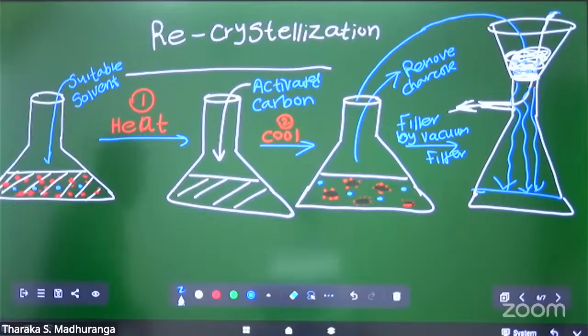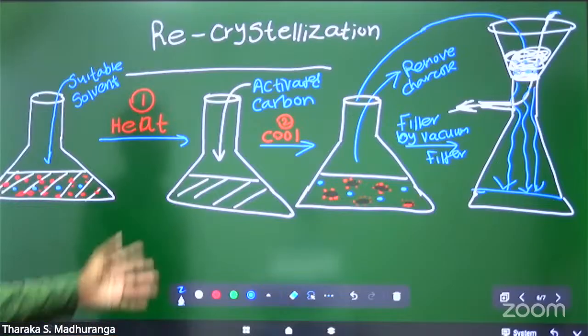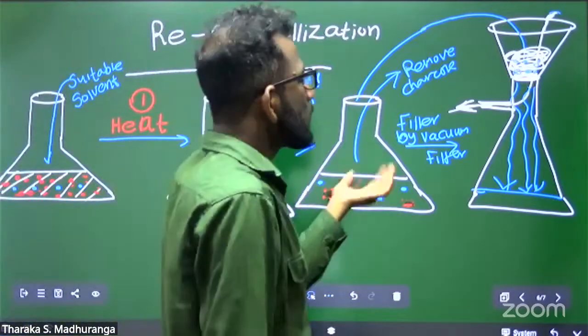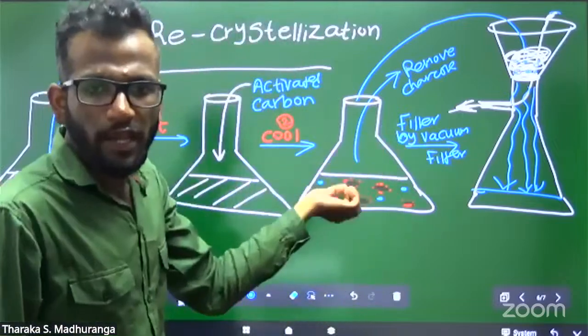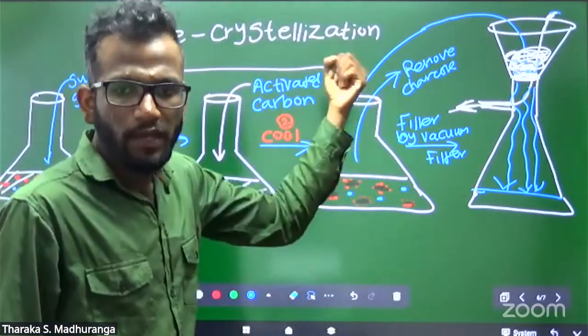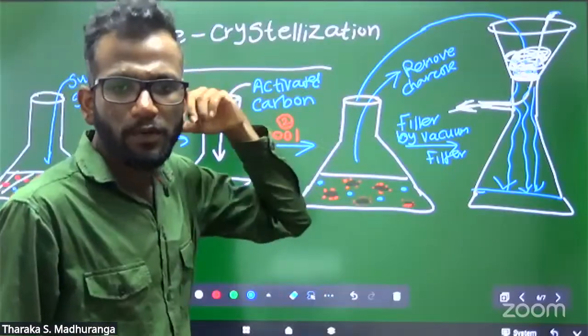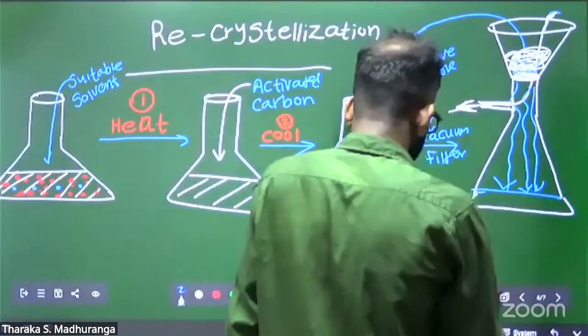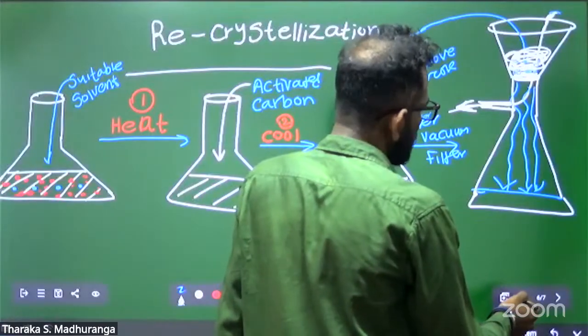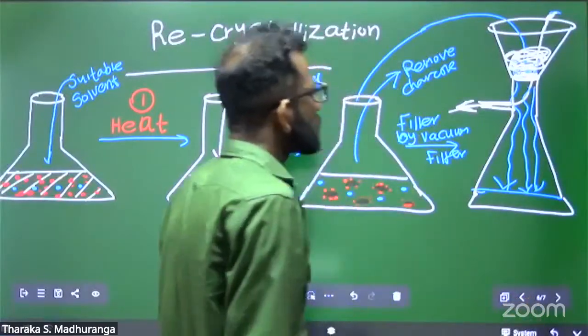Only from the cooling part, up to cooling it is easy. After cooling, we can remove charcoal. Then some part of impurities we can remove. Then I will take a new page to explain the final part. Then you will understand. Okay, final part.